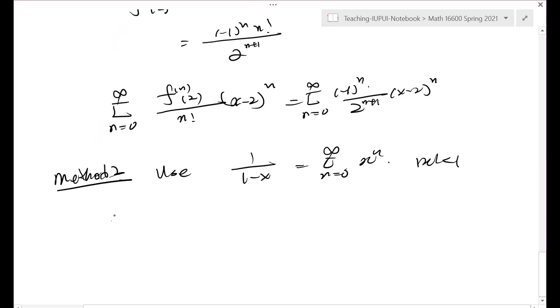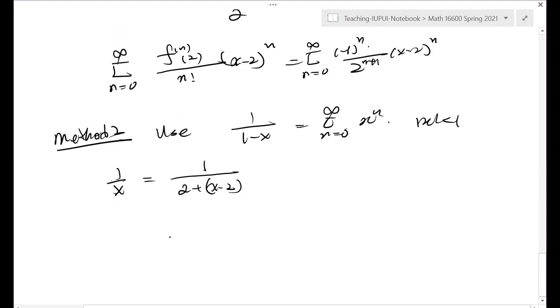So 1 over x is going to be 1 over 2 plus x minus 2, because we want to get x minus 2. Right? So I take the 2 out.